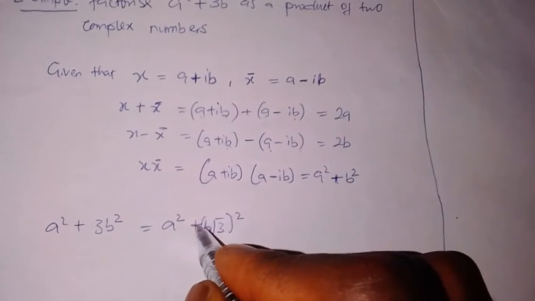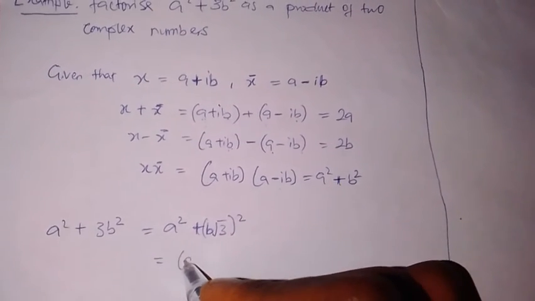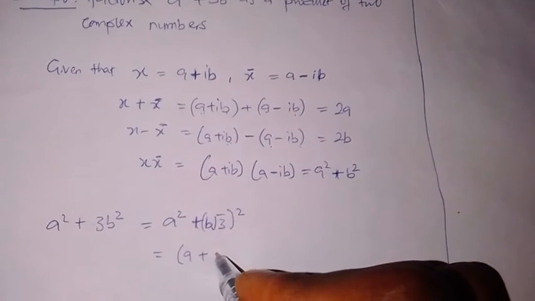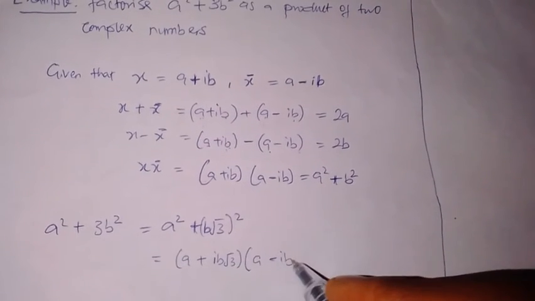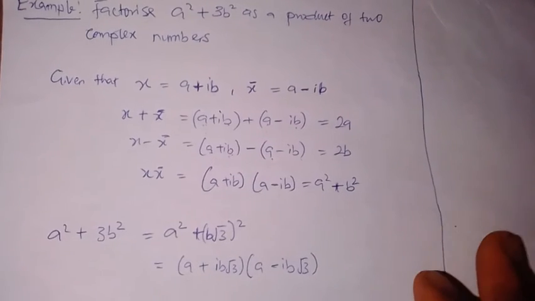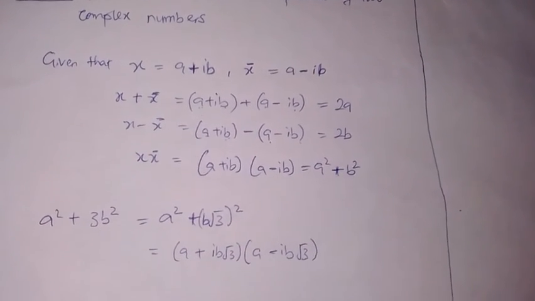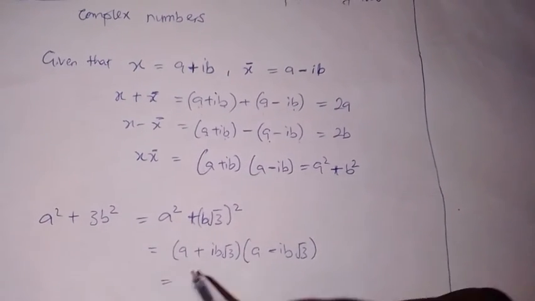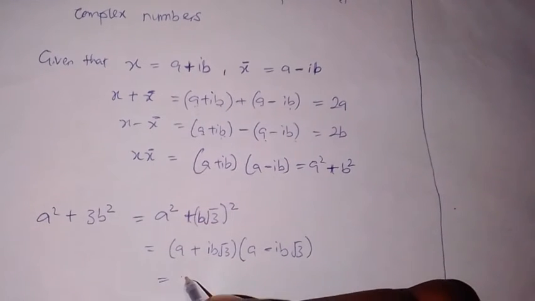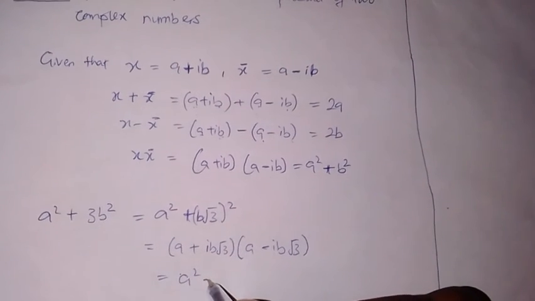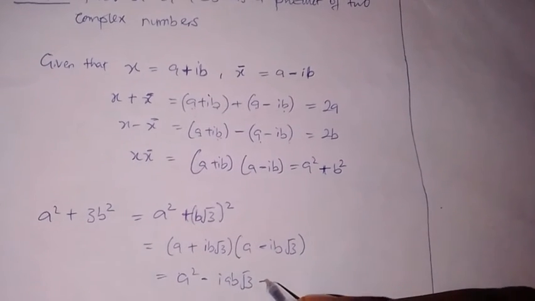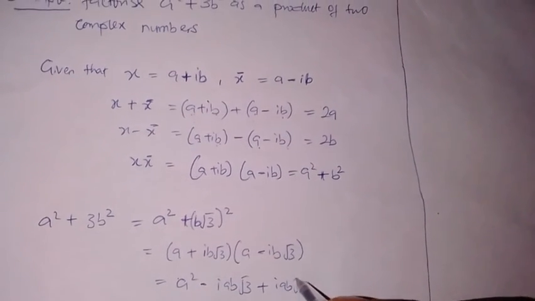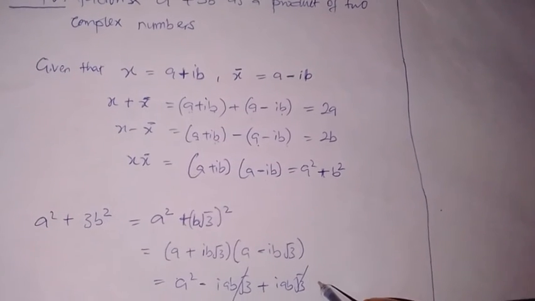Now, what will this be in complex form? It will be a plus ib root 3 times a minus ib root 3. On expanding, I will have a squared minus iab root 3 plus iab root 3. They cancel themselves out.